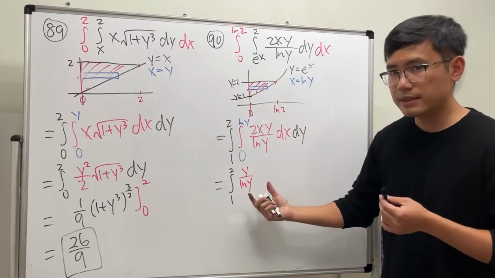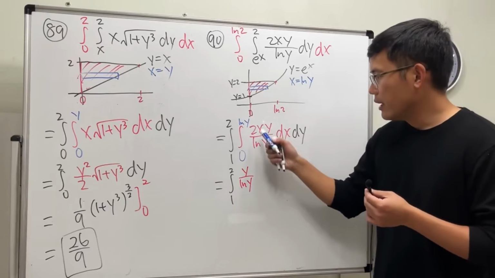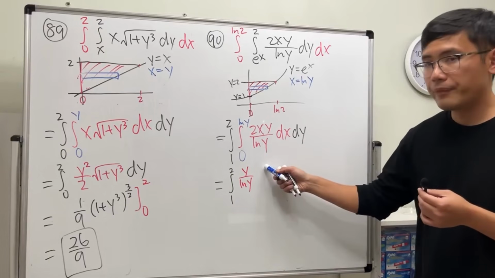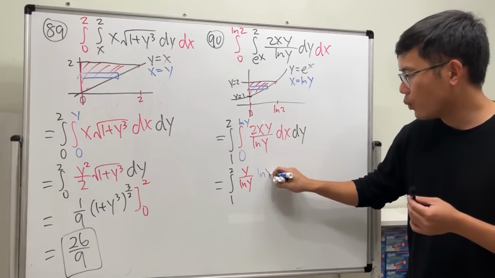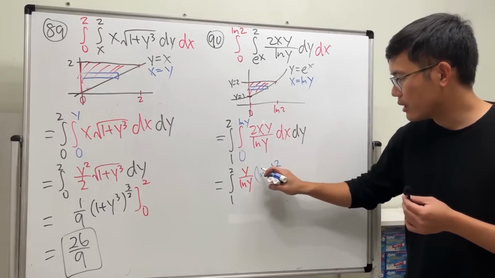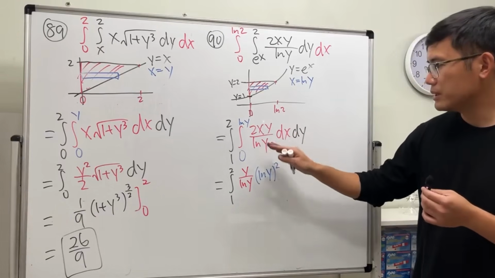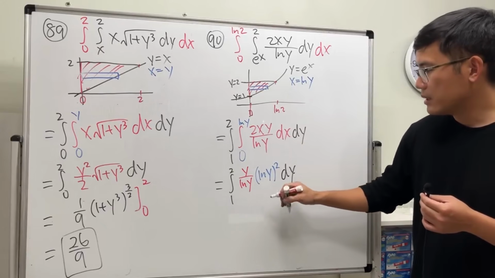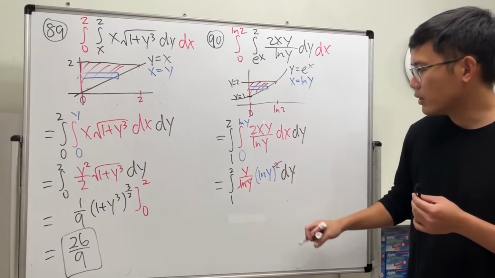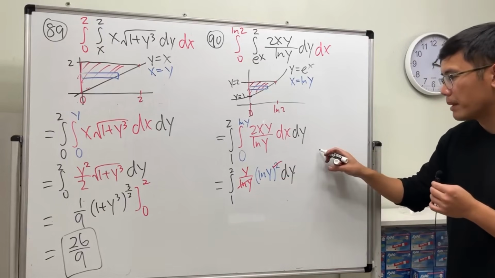This part is a constant multiple, so we'll write it down first. And then we get x squared. Plug in ln y, so we have ln y squared. Plugging in 0, it's 0, so that's what we have. And then we have dy. This is good, one ln y can cancel, and for the remaining part, we can integrate by parts.